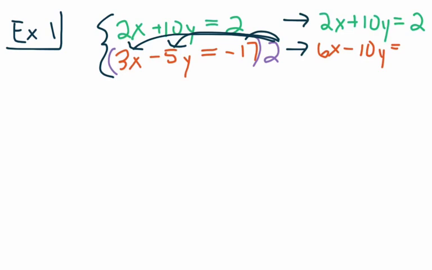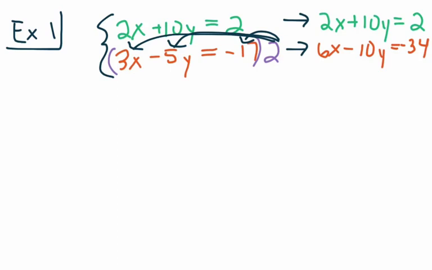And then 2 times negative 17 is going to give me negative 34. And now with that work, I now have opposite coefficients. So all I did was multiply this entire equation by 2 in order to get some opposite coefficients here. The reason I chose 2, again, 5 times 2 is going to give me 10. That's why I chose 2, because it will allow me to cancel or eliminate one of my variables.